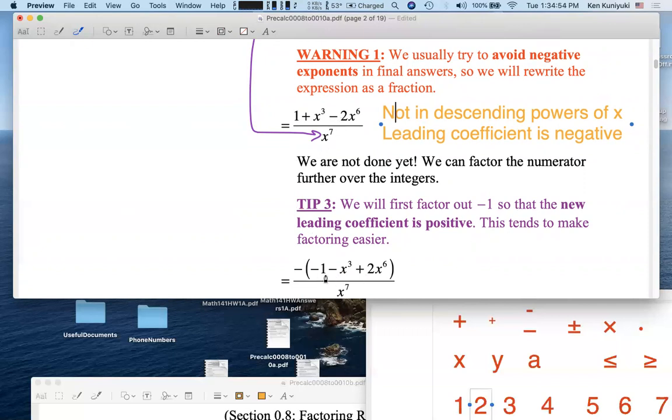We take opposites. So the top becomes -1 times the factor -1 minus x cubed plus 2x to the 6th, all over the x to the 7th. Now we have basically a -1 factor up here on top. We can pop it out.